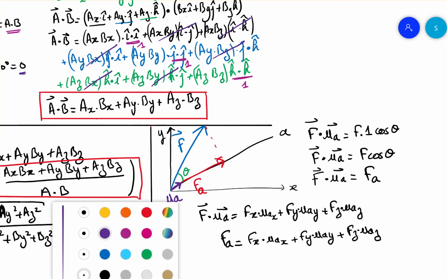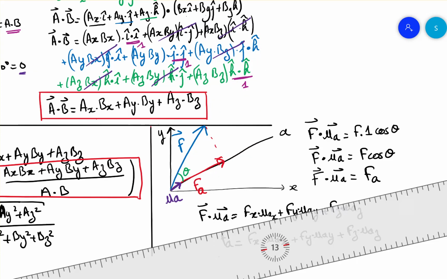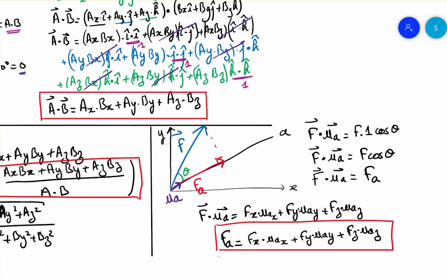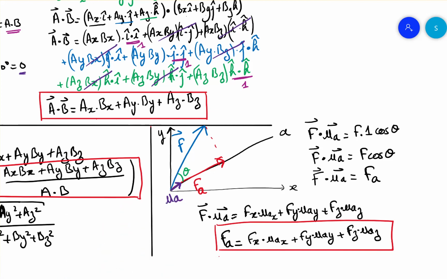One more formula that we will use. And one last thing, if we have FA, so that's this component there, and now we want to find the other one, let's call that FB.